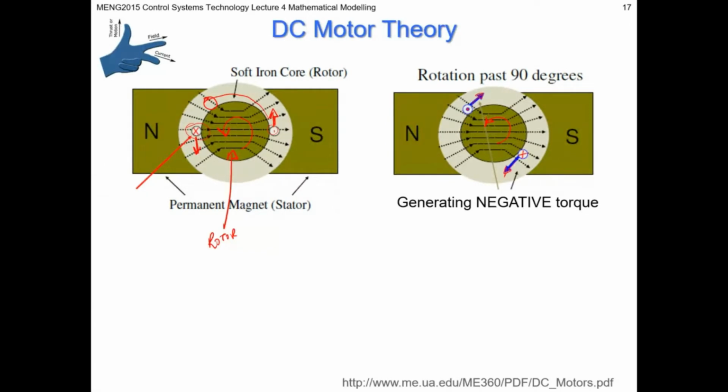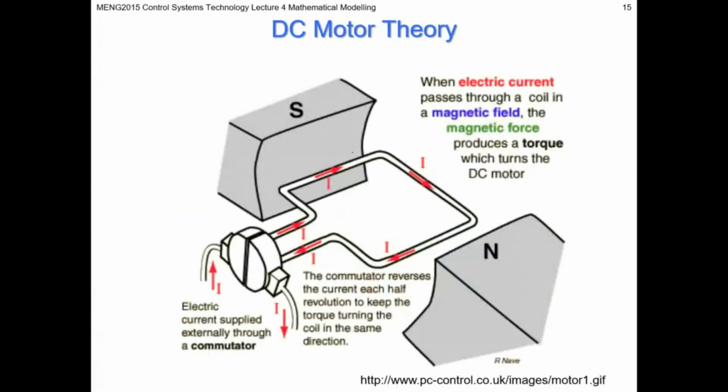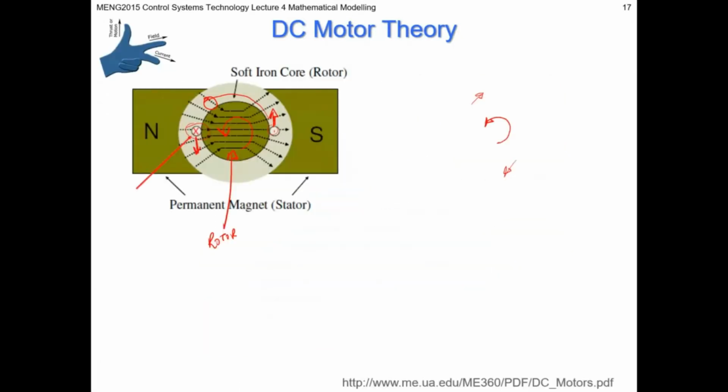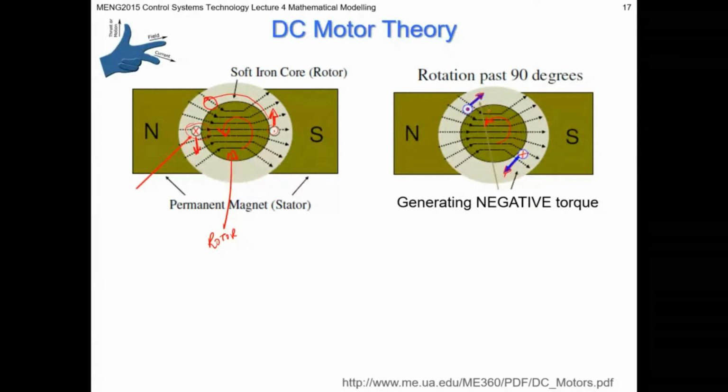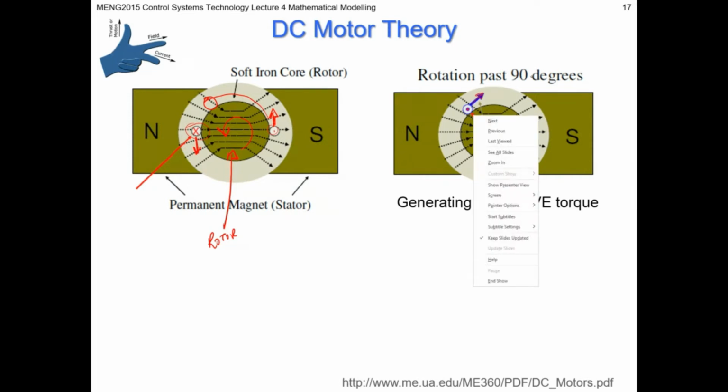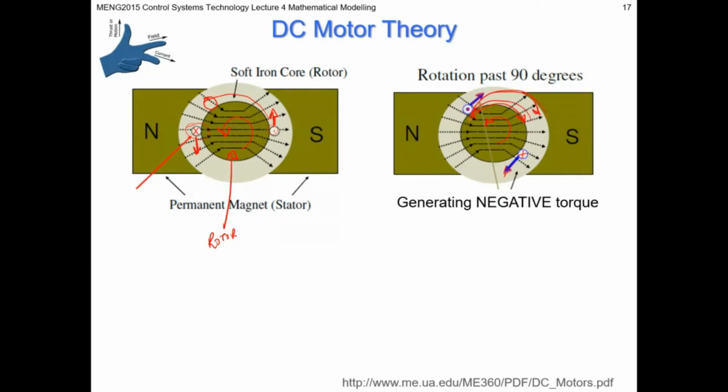So if we were to leave the situation like this, where the current flows in a consistent direction through our little wire loop throughout its rotation, then when it gets to this point, it'll have some momentum, it will carry it a little way, probably to about here, but then the thrust acting in the opposite direction will stop the rotation, and it will cause it to rotate back. And you'll just get this seesaw effect of the motor rotating back and forth, back and forth, right? And that's obviously not what we want.